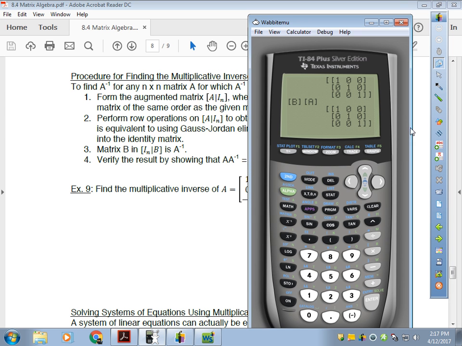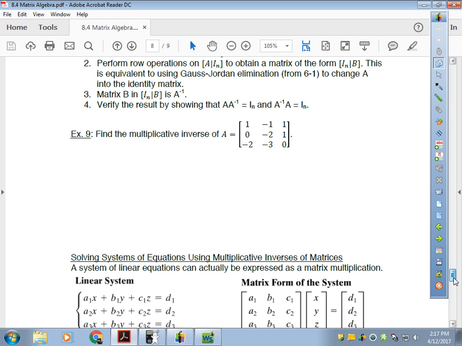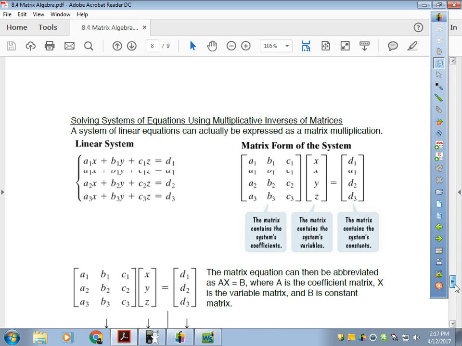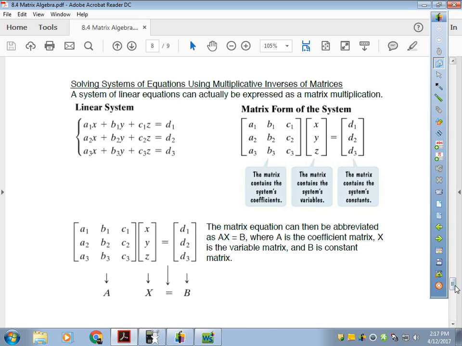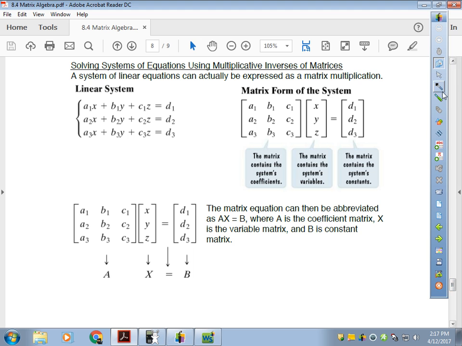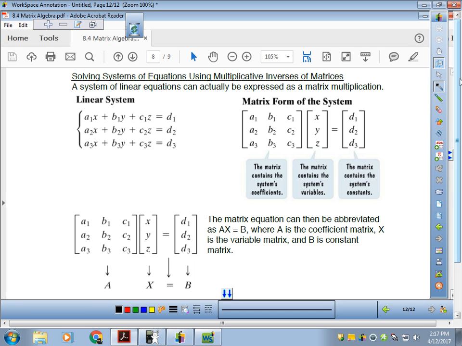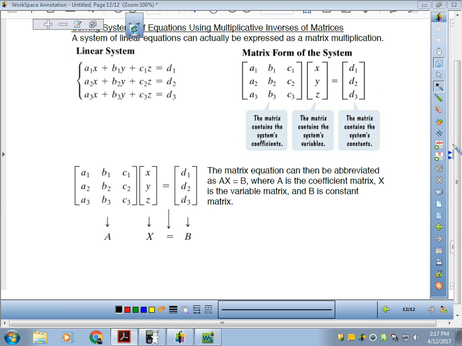Okay. Now, why do we care about inverses? Well, we can actually use inverses to solve a system of equations. So let's say we had a system of equations where we had a1x plus b1y plus c1z equals d1, a2x plus b2y plus c2z equals d2, a3x plus b3y plus c3z equals d3.